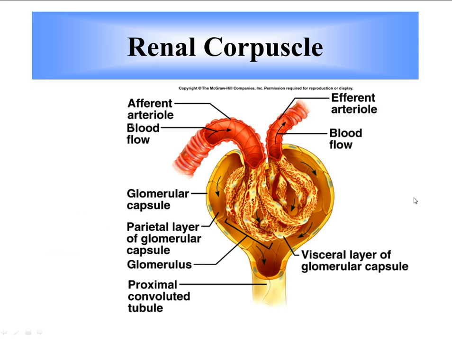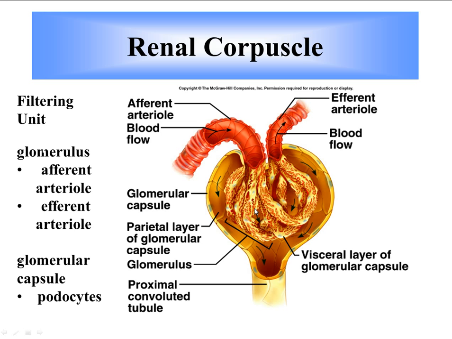Now let's look at the renal corpuscle. It is a filtering unit. The blood is brought in via the afferent arteriole in this direction. It goes through the glomerular capsule into the glomerulus, and the glomerulus plays a role in exchanging substances, and things are passed from the bloodstream to the interstitial fluid in the glomerular capsule.